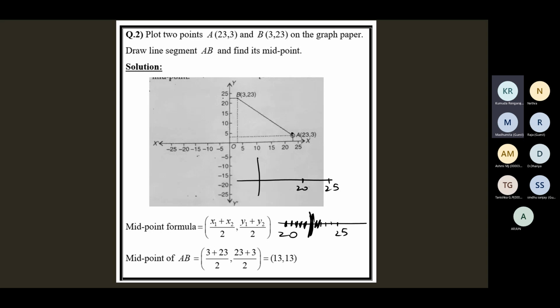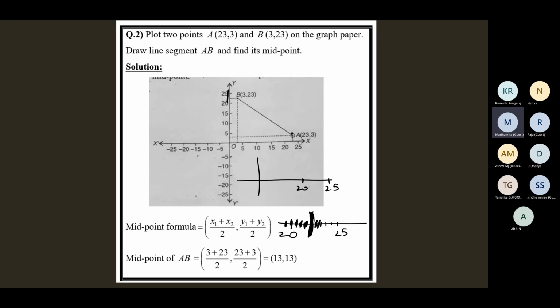Similarly here also, where is 23? After 20, the subdivisions will be 20.5, 21, 21.5, 22, 22.5. The sixth subdivision between 20 and 25 is 23. Take the difference, 25 minus 20 is 5.